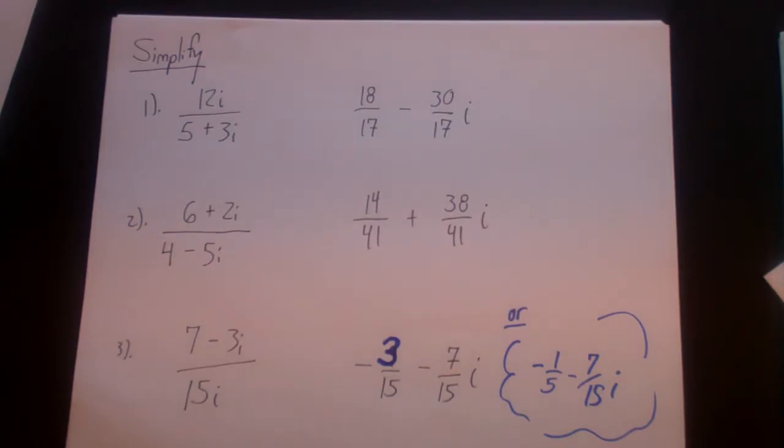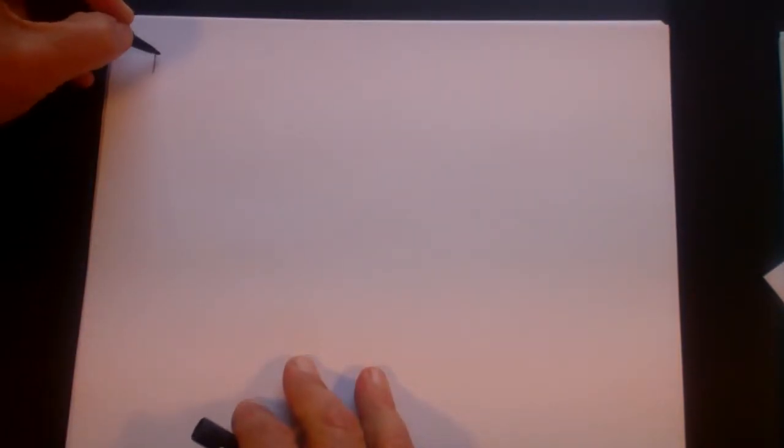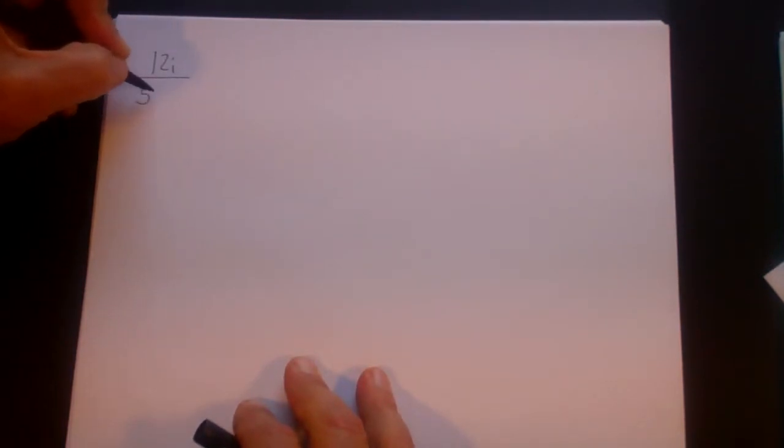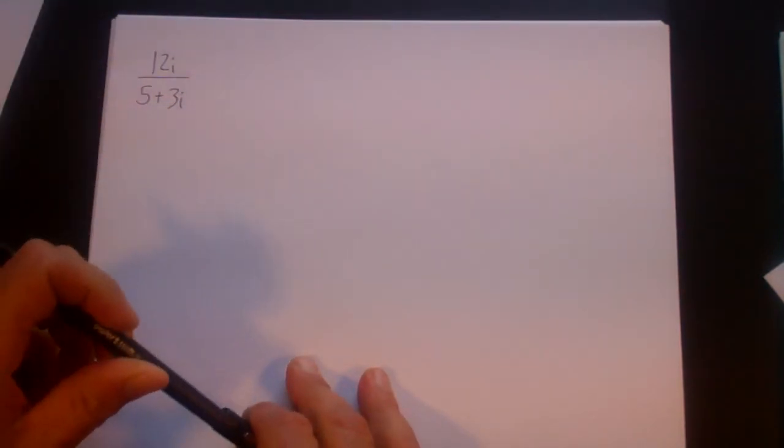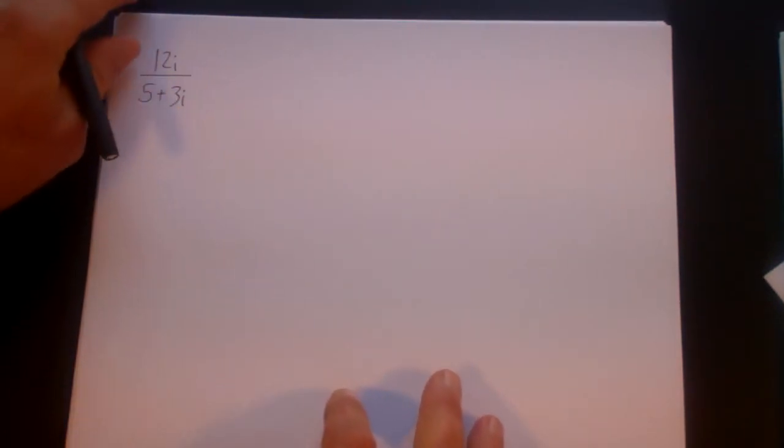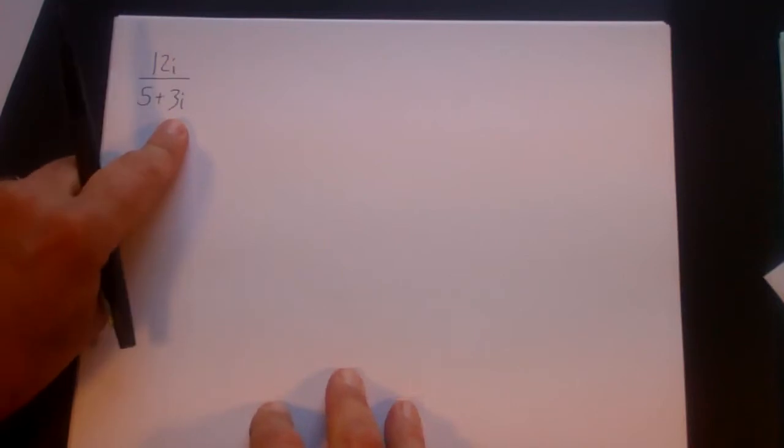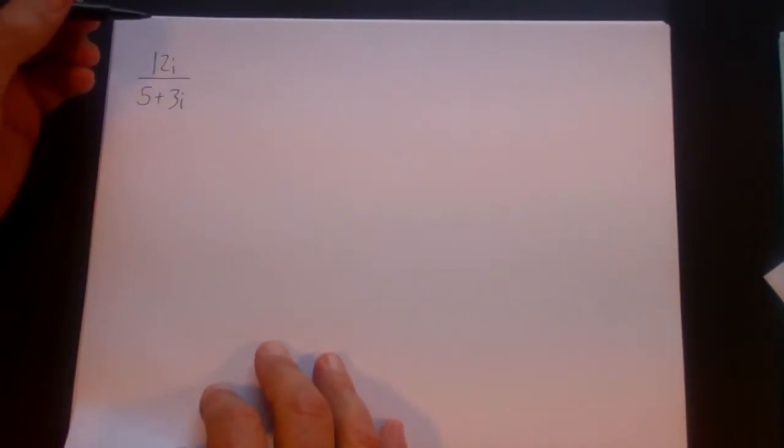If you didn't get the right answers, then let's work through each one of these in turn and see if you can find your mistake. On the very first one, we have 12i over 5 plus 3i, and we want to simplify it. We have an i in the denominator, so we can get that out by multiplying by the complex conjugate.